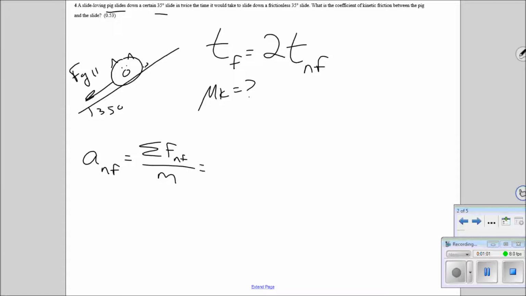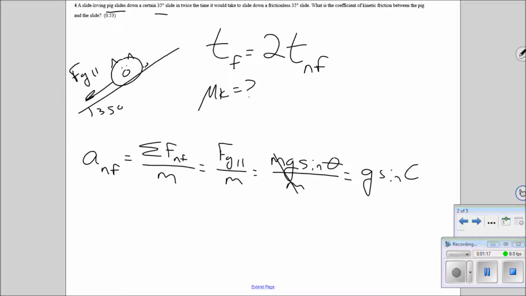Well, the net force would just be Fg parallel divided by the mass of the pig. And Fg parallel is just Fg, or mg, times the sine of theta, divided by the mass. So g sine theta. So that's our acceleration if there was no friction.